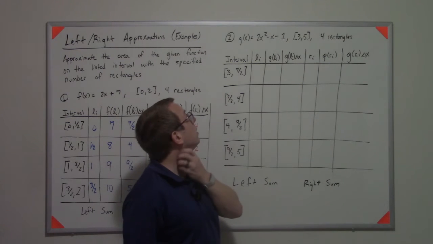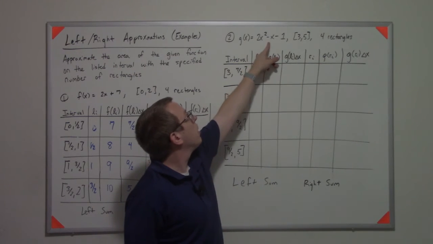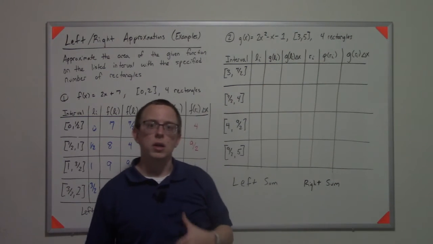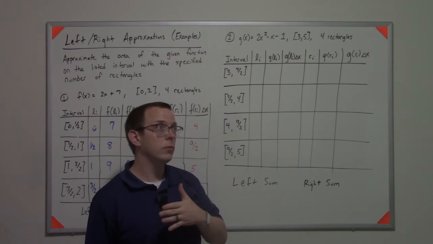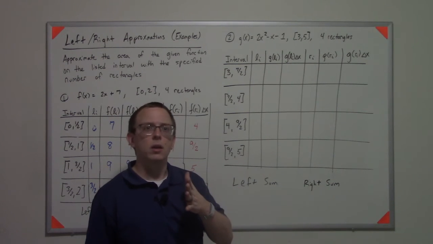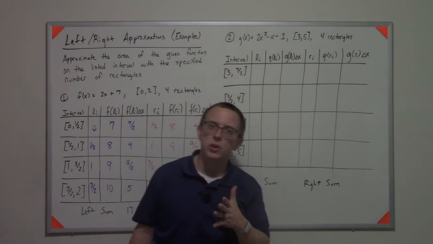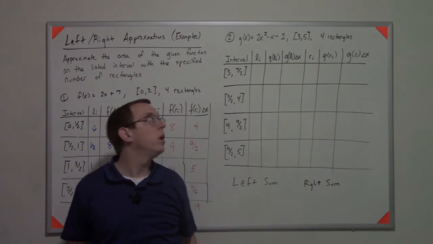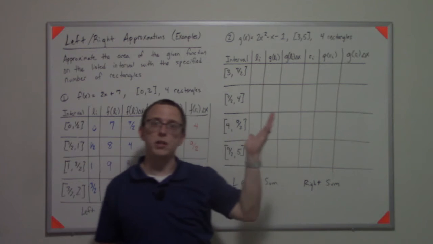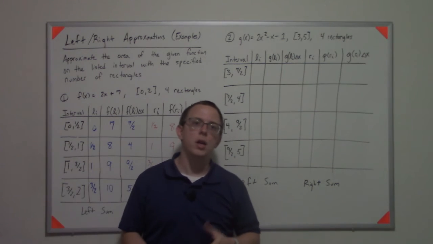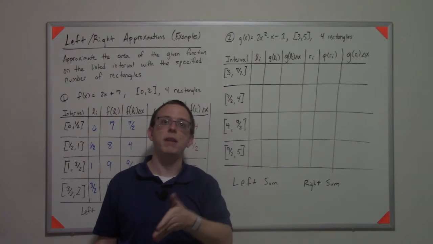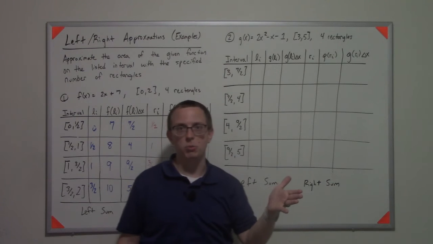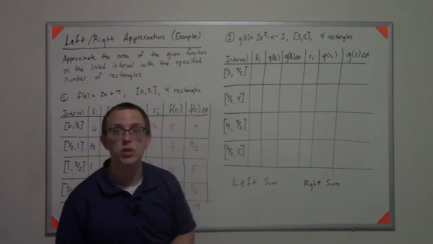If I plug in 3, that's 11, and if I plug in 5, it's 19. My goodness, I'm doing this on the fly, and it shows. So this is increasing all the way through, and the second derivative shows it's concave up. That means our left-hand sum should be our underestimate, and our right-hand sum should be our overestimate. But let's see if that bears out here.